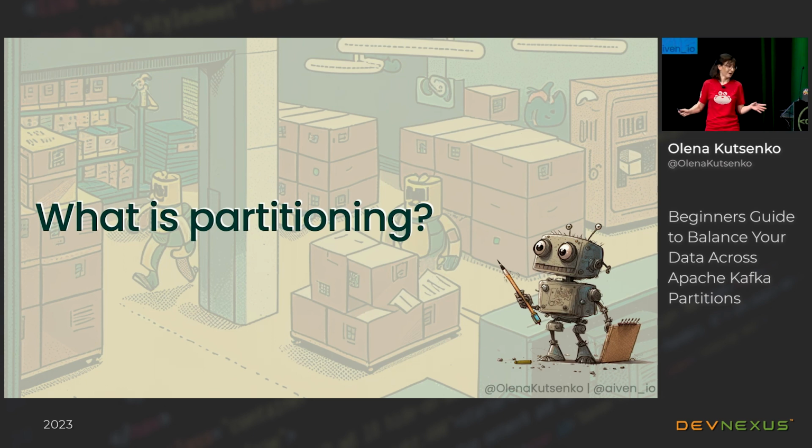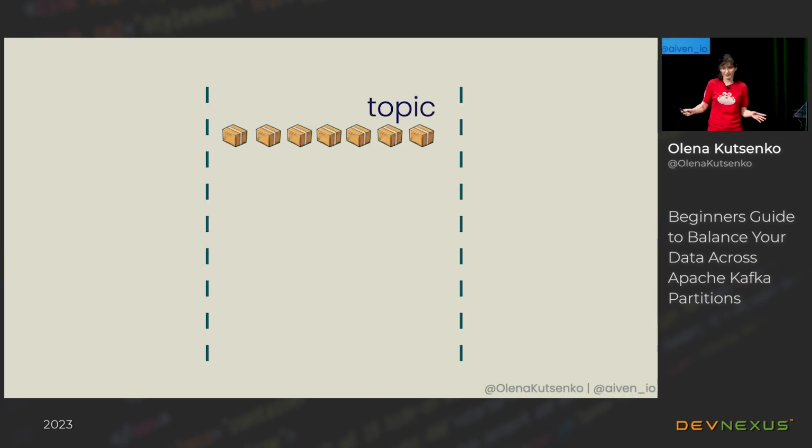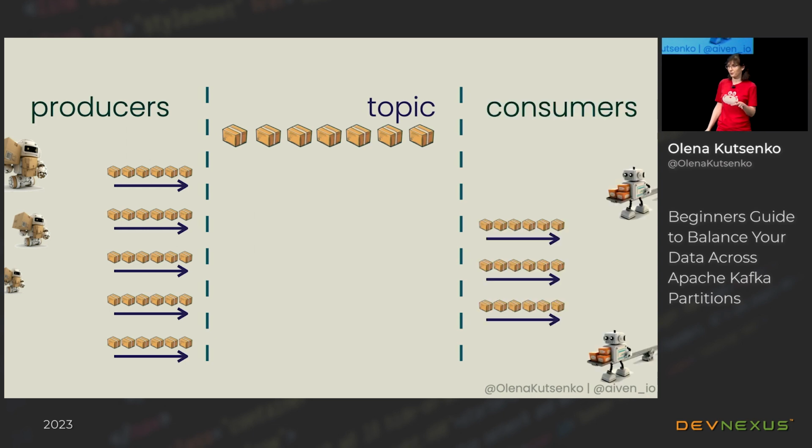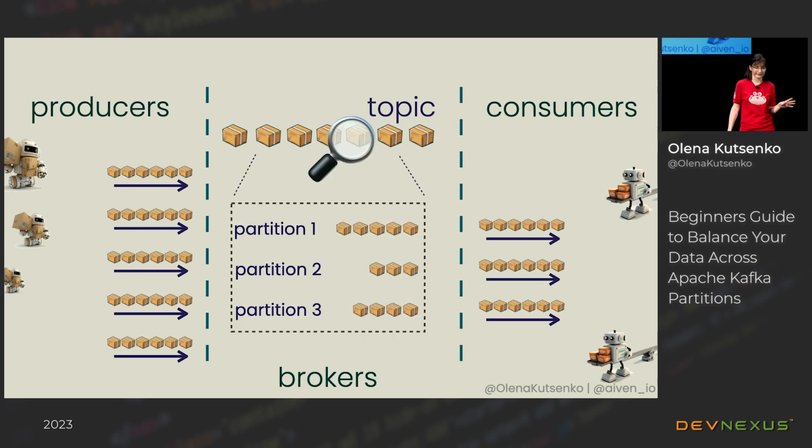In Apache Kafka, we often talk about topics, and data into the topics is pushed by some producers and then later pulled by some consumers. But the thing is, the topic itself is actually an abstract term because physically on the disks, the data is stored in partitions.